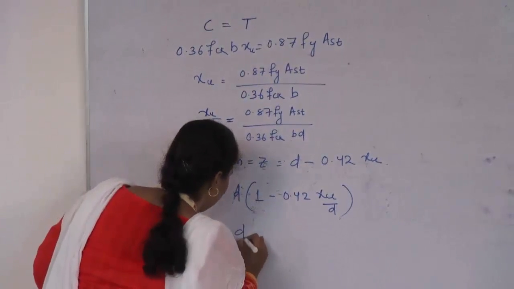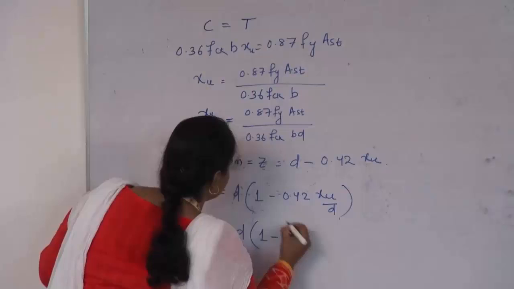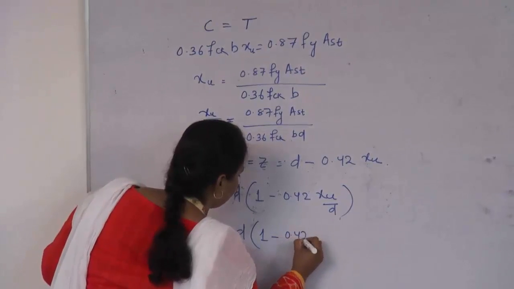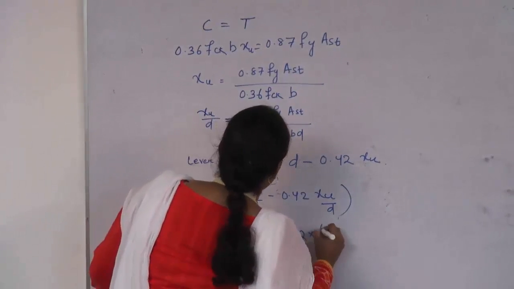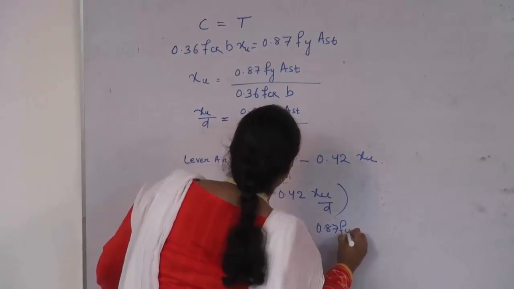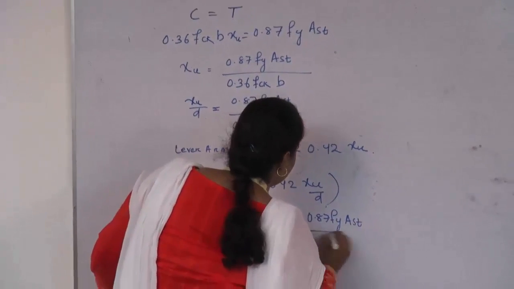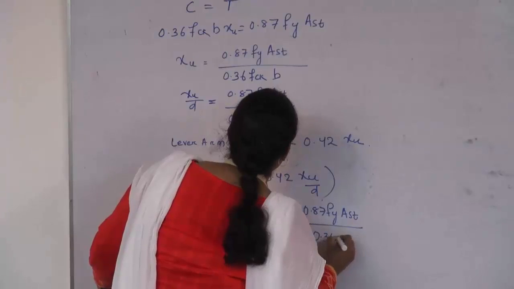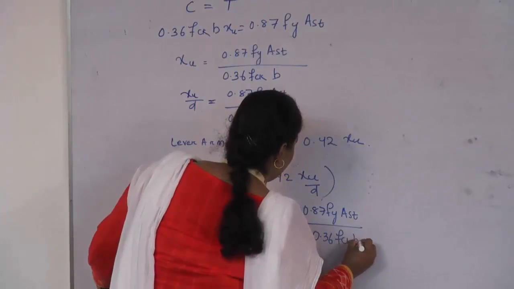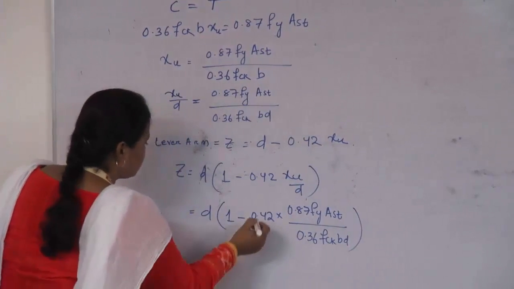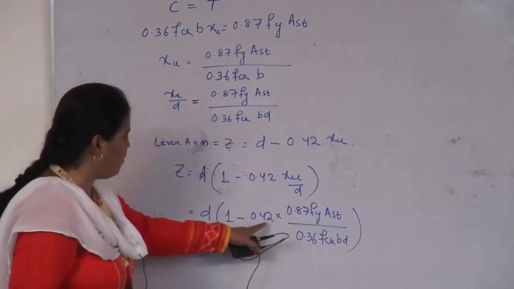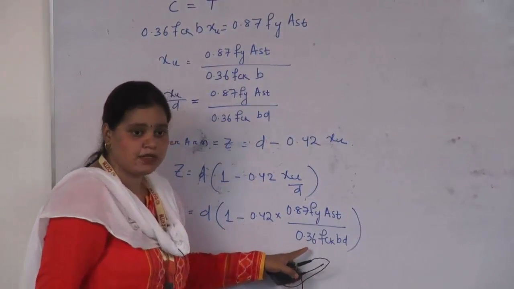D into 1 minus 0.42 into 0.87 Fy AST divided by 0.36 FCK B into D. This value is very small, 0.42 into 0.87 by 0.36.